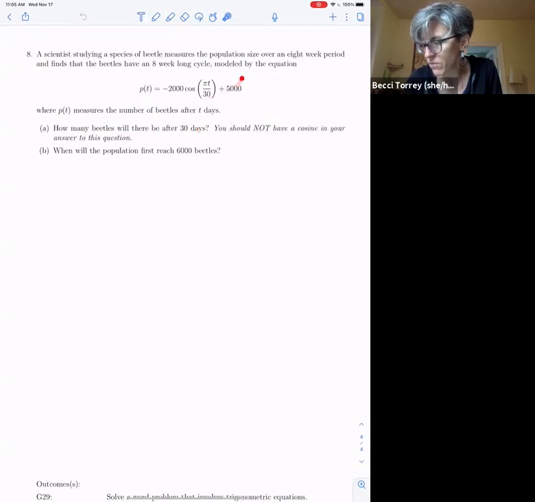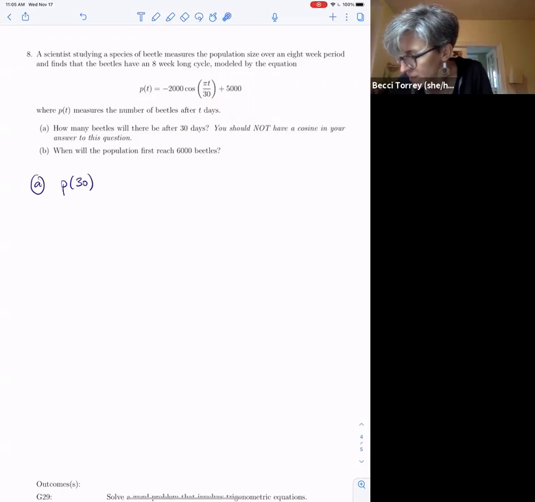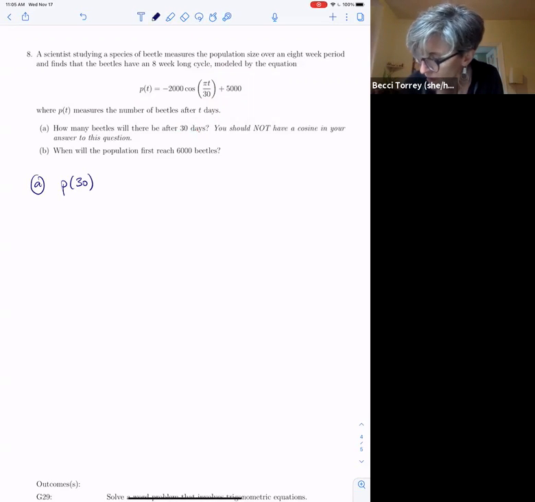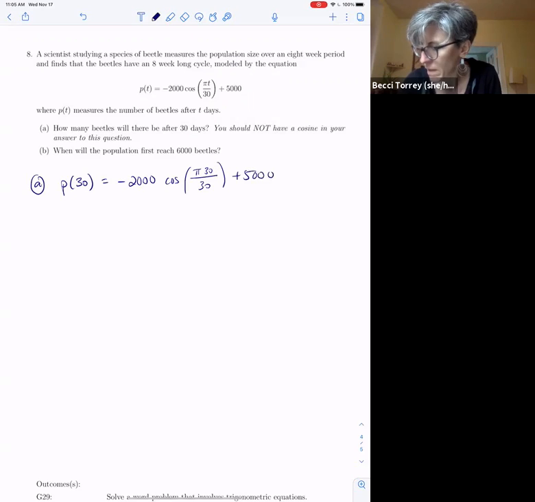So they've given us this formula, and P tells us the number of beetles, and t is our number of days. So we're just going to plug in 30 for t. So this is P of 30. We can double check our units. So t is days, and we're doing 30 days, so that's all good. So P of 30 is going to be minus 2,000 times the cosine of pi times 30 divided by 30, plus 5,000.